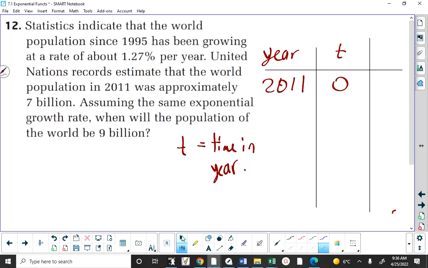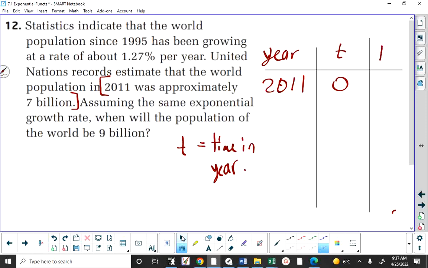Oh, by the way, since 1995, this is what the population's been doing. But in 2011, the population is 7 billion. So that's going to be our starting point. Okay? And I would say to you that if this were on an exam, we wouldn't mention the 1995. We would simply be told in 2011 the population was 7 billion and it was growing at a rate of 1.27% per year.